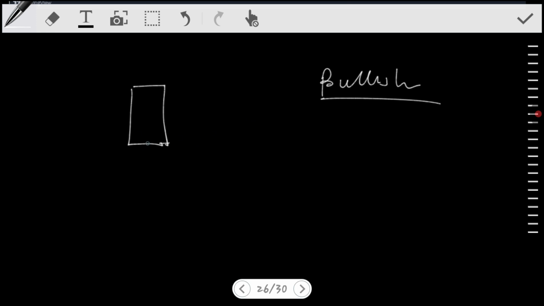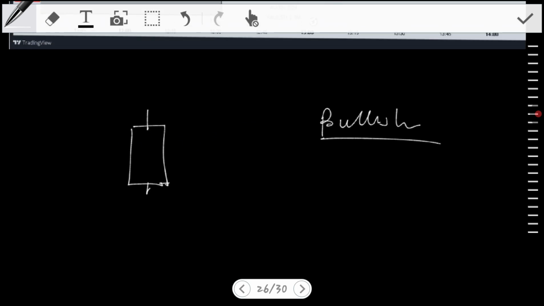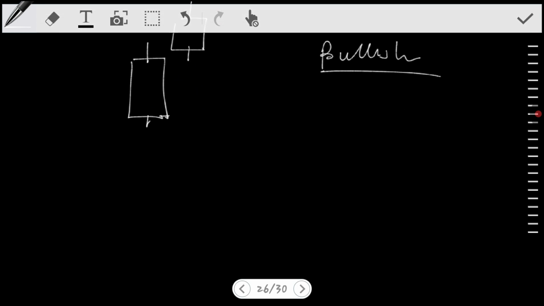Now, let's say this is our first candle, and our next candle is moving. Let's say it passes the previous candle. Now, let's say also the third candle, for example, maybe I'm having here.